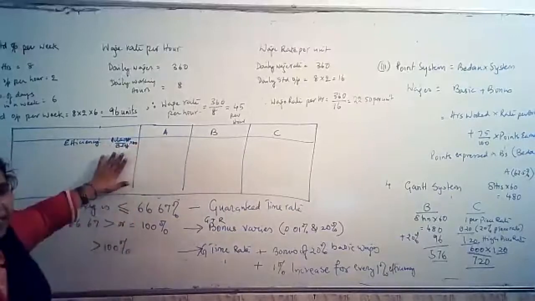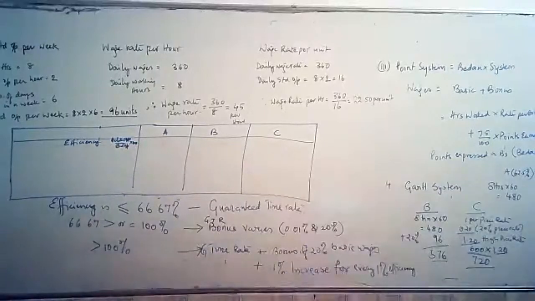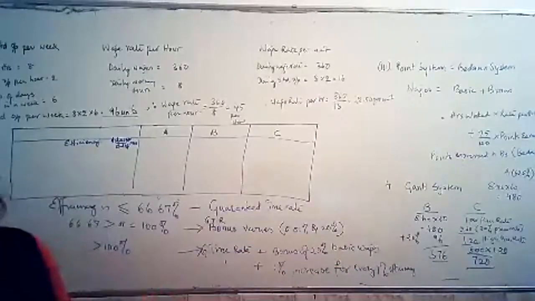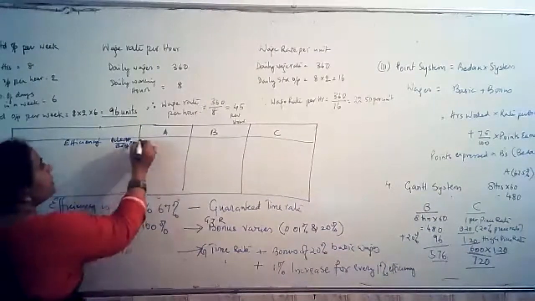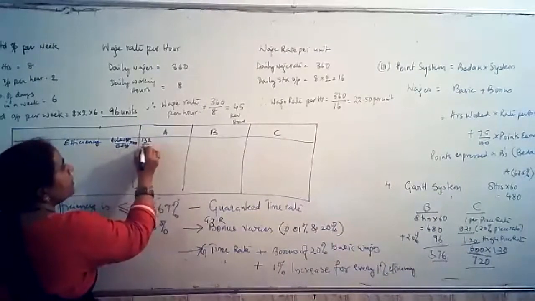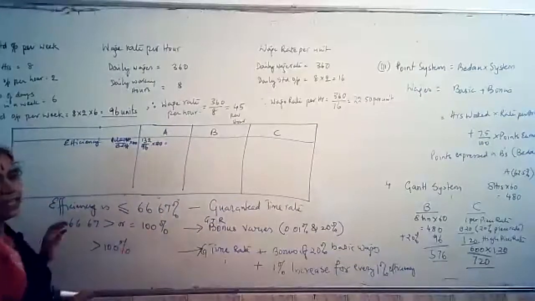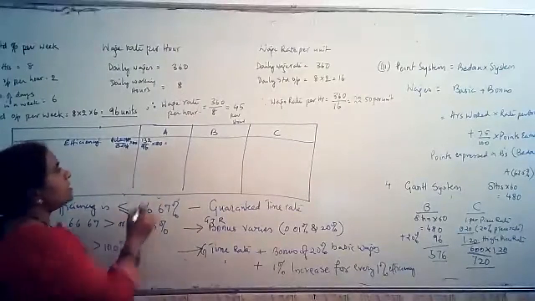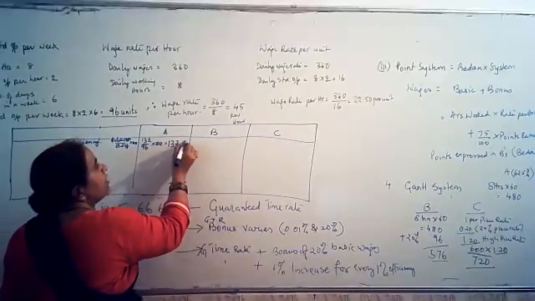In this case, A's output they have given is 132. So 132 divided by 96 into 100 will give me A's efficiency, which is 137.5%.